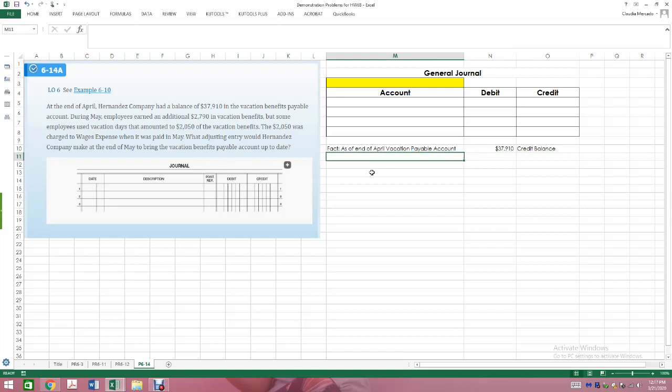Now, during the month of May, employees earned vacation of $2,790.